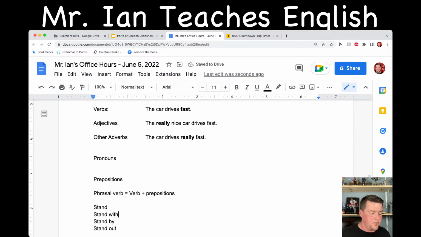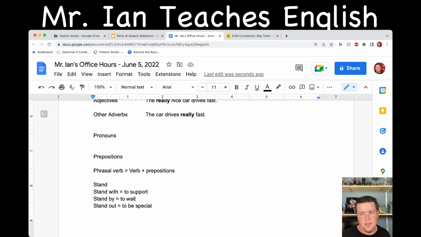Those can make big differences, but those aren't the questions that students usually answer. All right, you know what stand means. Stand means stand. Stand with means to support. Stand by means to wait. Stand out means to be special in some way. So those do make a difference. But again, that's not usually the question that students are asking.